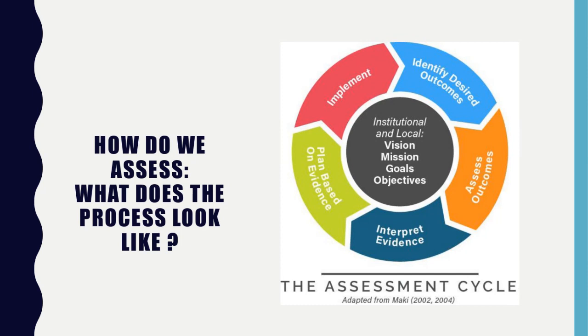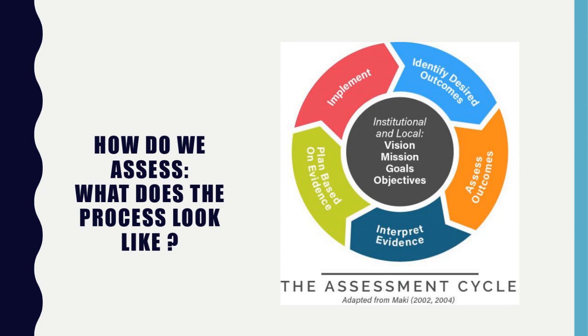And I'll talk about the process again in a little bit. After we interpret that evidence, we plan based on that evidence. So we plan change, we plan adjustments, we plan for additional resources or for some form of change based on that evidence. And after we plan, then we implement that change. And essentially, our cycle continues and starts over.